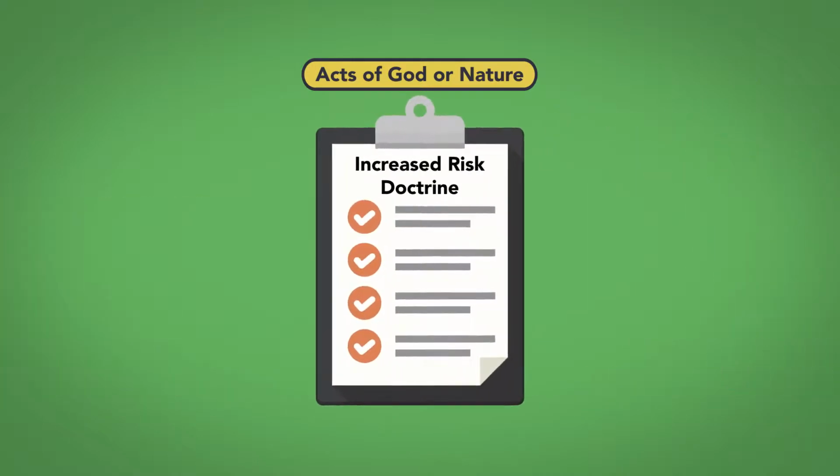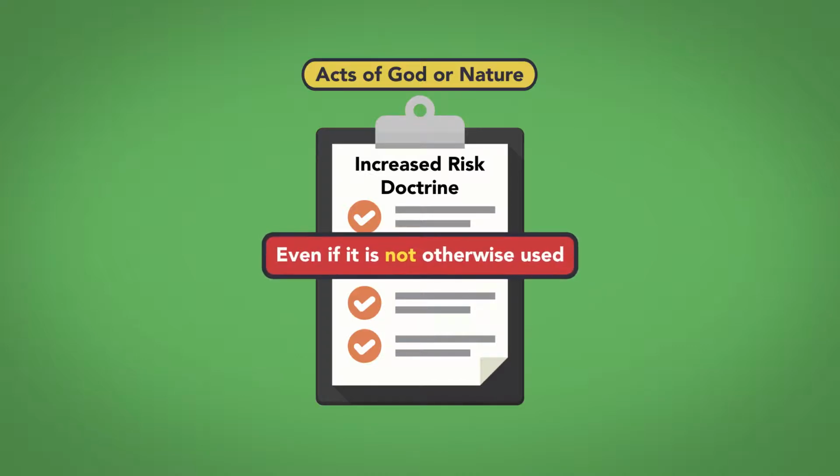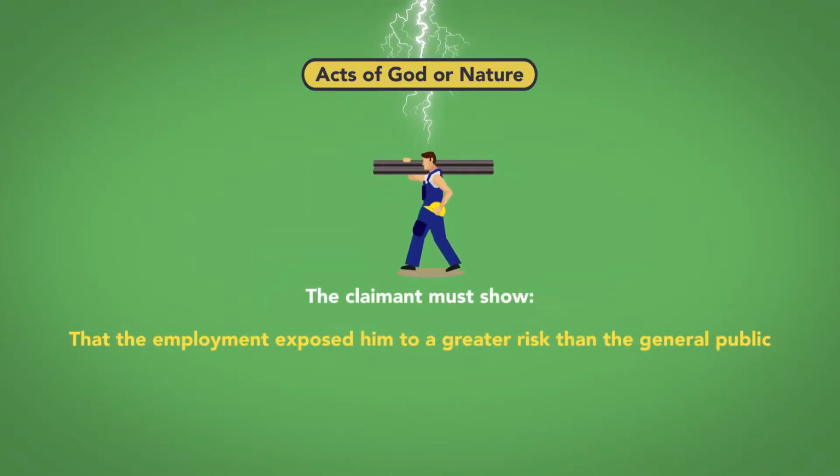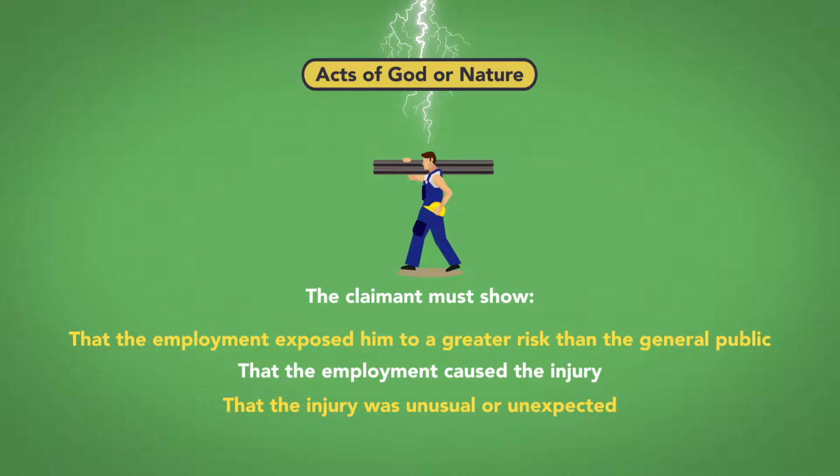For an injured worker to recover for acts of God or nature, jurisdictions often apply the increased risk rule, even if it is not otherwise used. The claimant must show that the employment exposed him to a greater risk than the general public, that the employment caused the injury, and that the injury was unusual or unexpected.